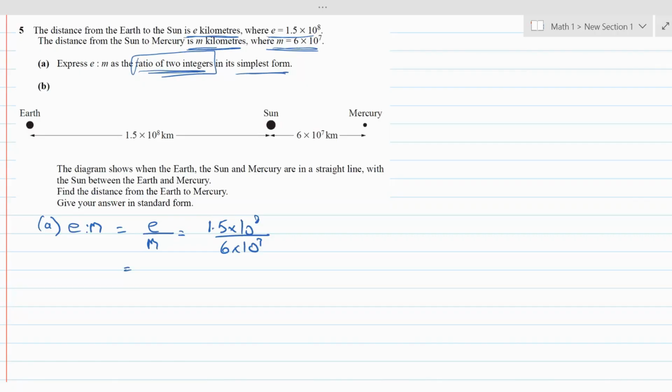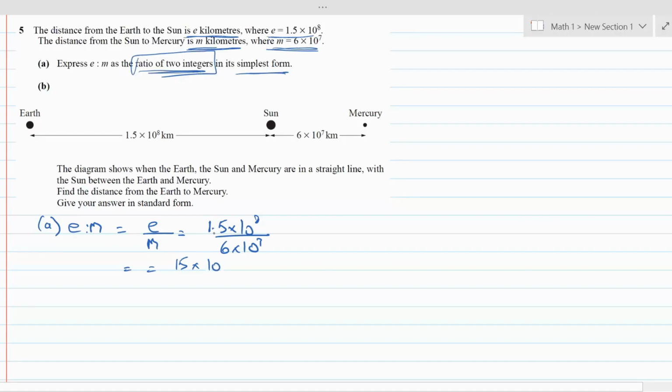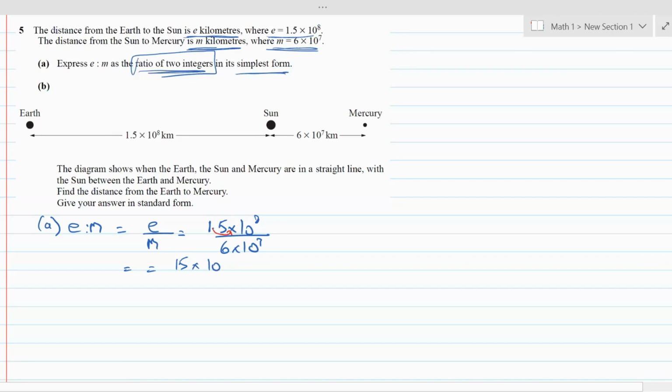So 1.5, when converted into an integer, would become 15. Since 1.5 has to become 15, the decimal has to move towards the right. One decimal shift towards the right means the 10 power is decreased by 1. So it will become 15 multiplied by 10 to the power 7 upon 6 multiplied by 10 to the power 7.